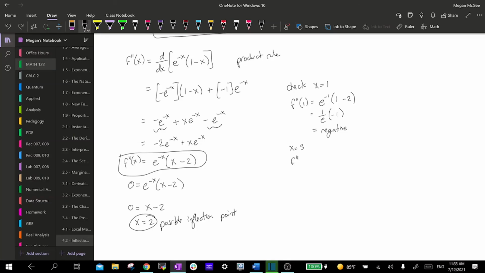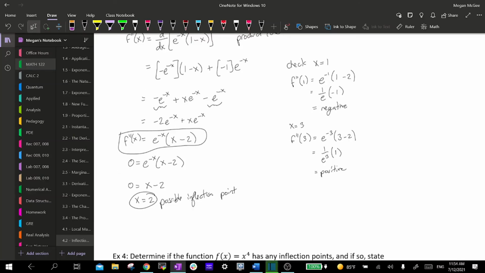So we have the second derivative at 3 is e to the negative 3 times 3 minus 2, which gives us 1 over e cubed times positive 1, which is going to be positive. So since our second derivatives do change sign on either side of x equals 2, x equals 2 is an inflection point.